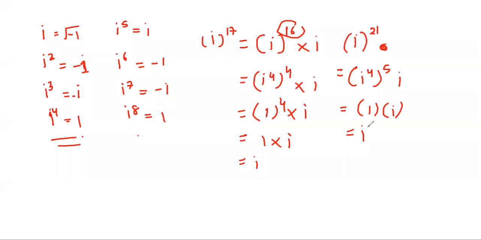I hope you understood this. Moving further. If I write down i raised to, suppose, 27, what would you do? What would be your answer? Tell me fast. i raised to 27. Be fast.